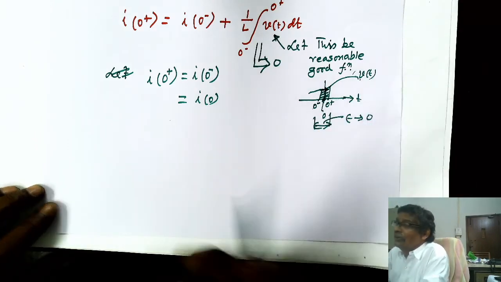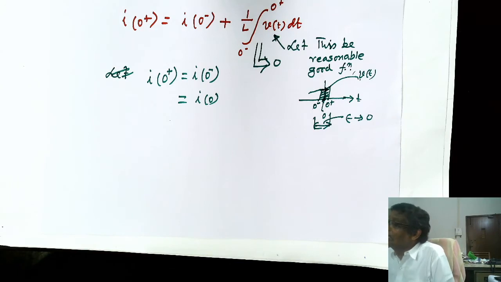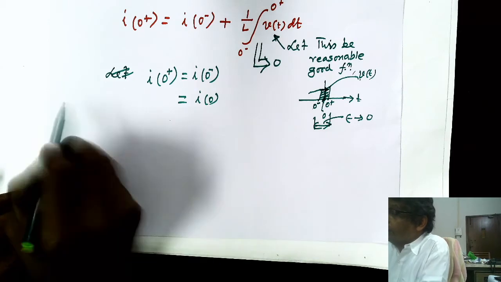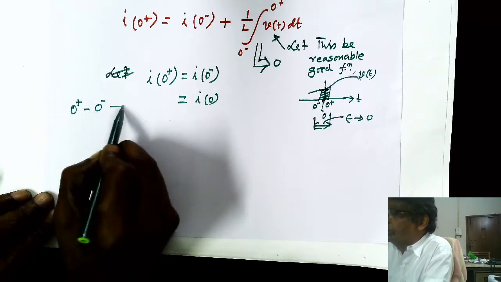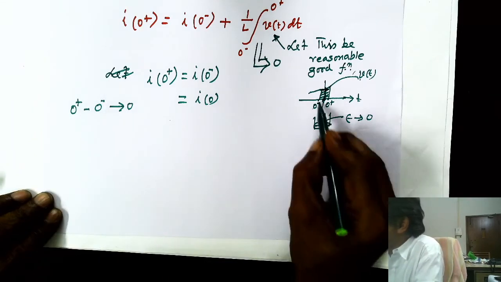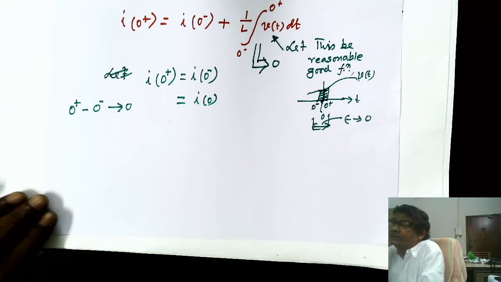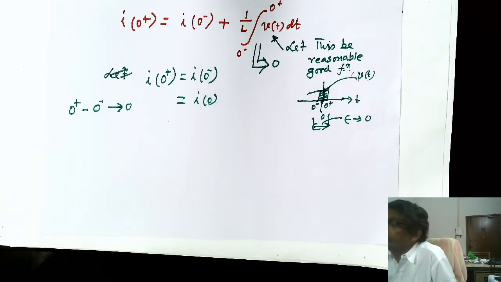Therefore, there is no distinction between I0 minus, I0 plus or I0. It is one and the same thing in the limit that 0 plus minus 0 minus tends to 0 itself. This width is as small as you can think of. That is the essential thing.